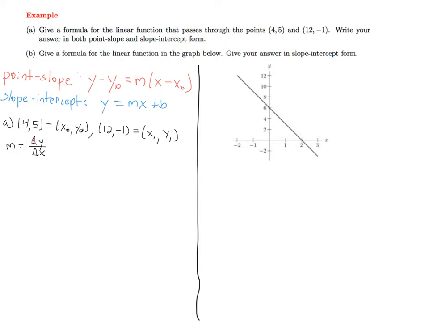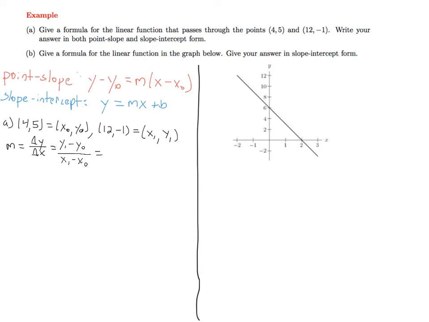So these triangles represent change in y, change in x. And so when we calculate these changes, we need to do them consistently in the sense that I take y1 minus y0, and then I need to take x1 minus x0 on the bottom.